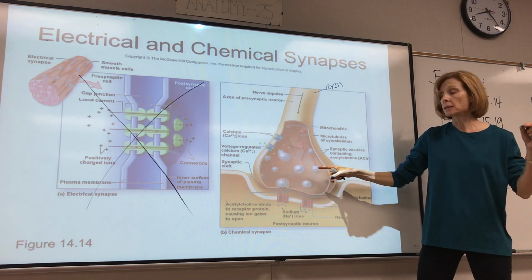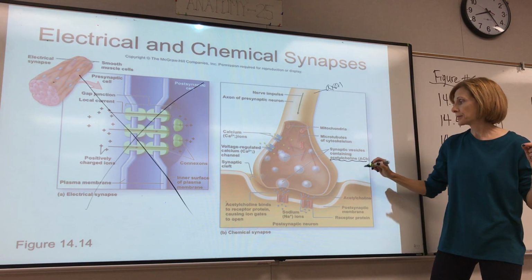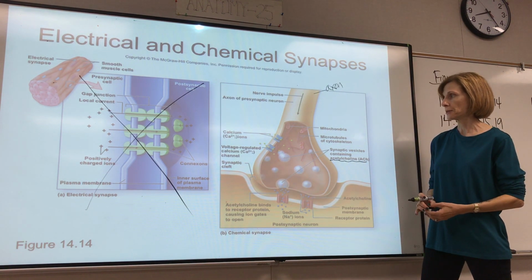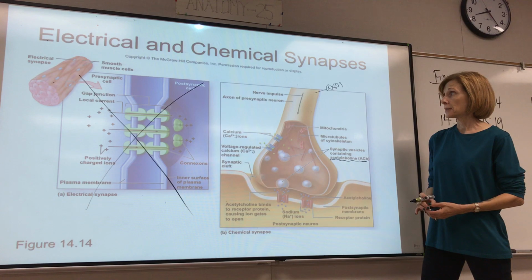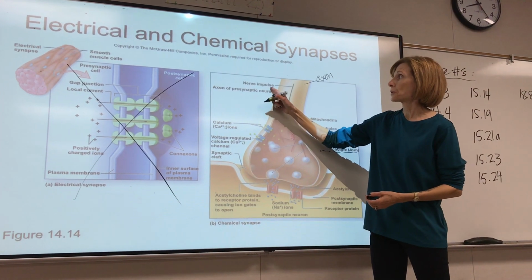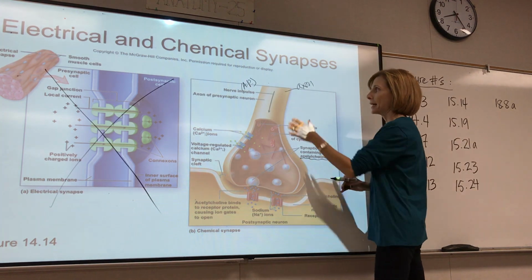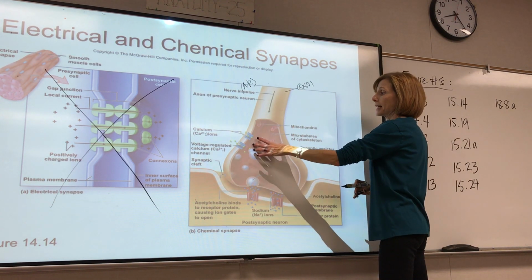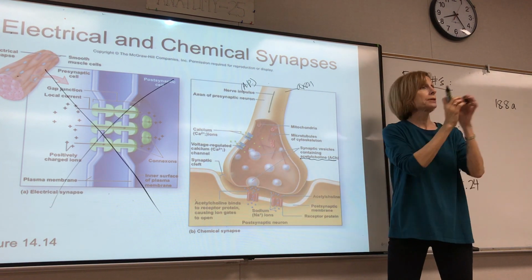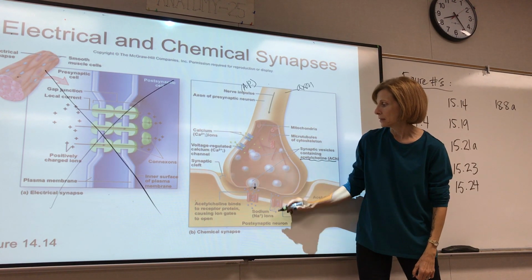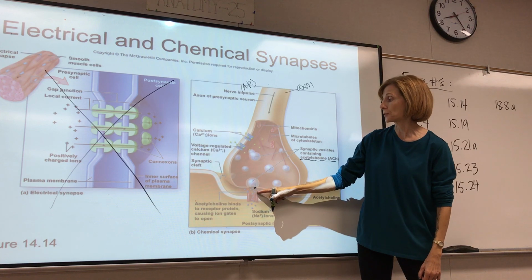So they are using acetylcholine as the neurotransmitter, which we have already talked about. And when they say nerve impulse, this is the same thing as an action potential. So the action potential travels to the end of the axon. That causes the release of the acetylcholine. Notice that this vesicle here is releasing its acetylcholine.